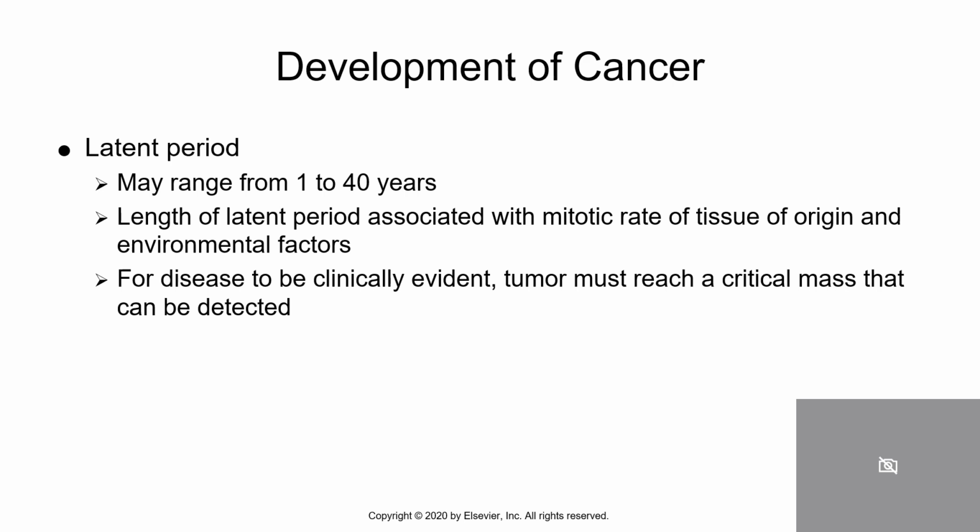A tumor that is 1 centimeter, which is what we can detect typically by palpation, contains 1 billion cancer cells. So by the time it gets to the point that we can palpate it, it's already containing 1 billion cancer cells. That's kind of scary, isn't it?